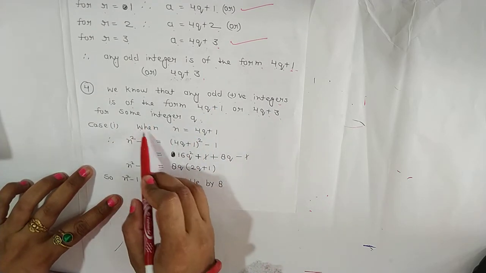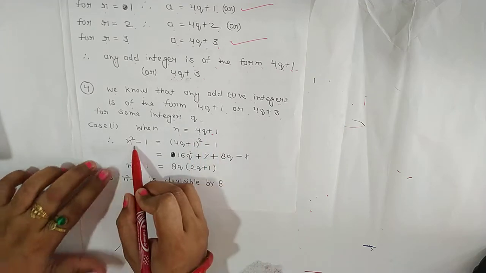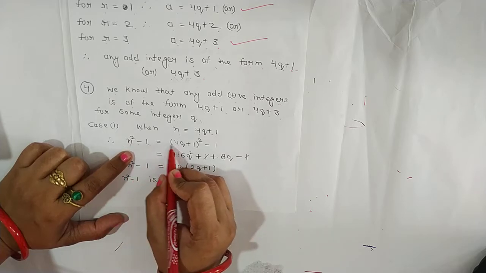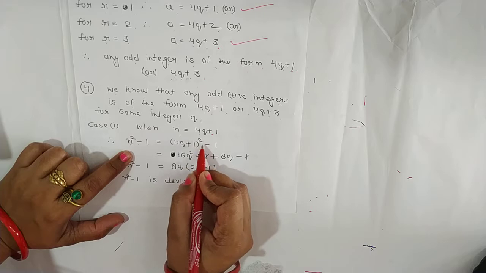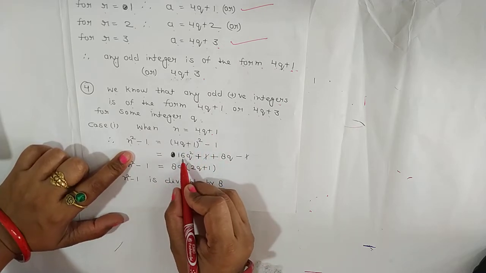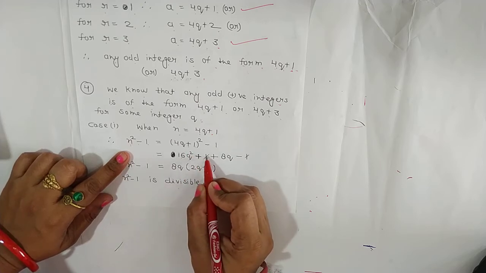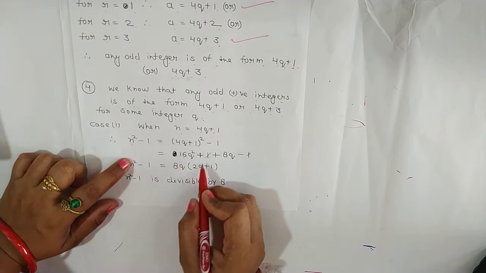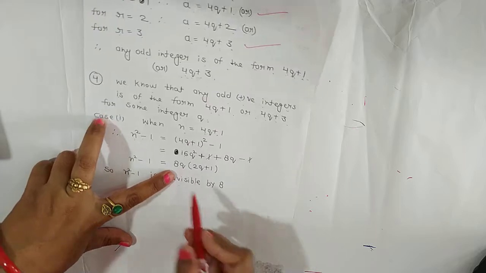When n is equal to 4q plus 1, we have to find n square minus 1. n square minus 1 is equal to (4q plus 1) whole square minus 1. We have to open this bracket, so it will be 16q square plus 8q plus 1 minus 1, using a square plus b square plus 2ab. Minus 1 and plus 1 cancel.